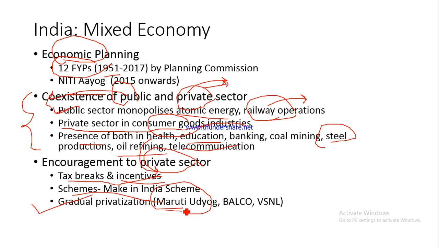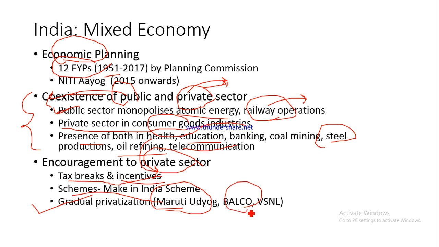And slowly, this Maruti Udyog was privatized. Government of India sold its share, and now Suzuki Motor Corporation holds more than 80% of the shares of the company, and basically Maruti Udyog, the name has also therefore been changed to Maruti Suzuki India Limited, is basically a private enterprise now.